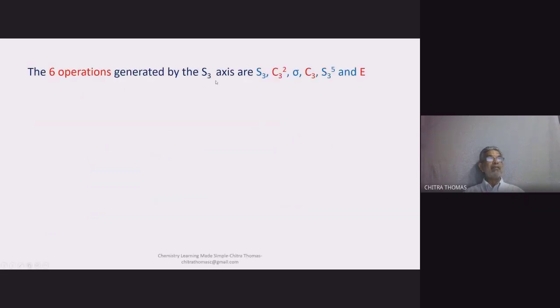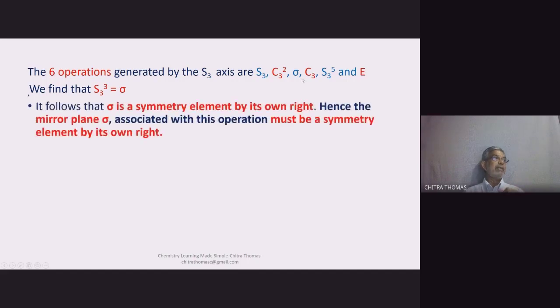Now look at the 6 operations: S3, C3², sigma, C3, S3⁵ and identity. Among these we find that S3³ is sigma. It follows that sigma is a symmetry element by its own right, and the mirror plane sigma associated with this operation must be a symmetry element by its own right.